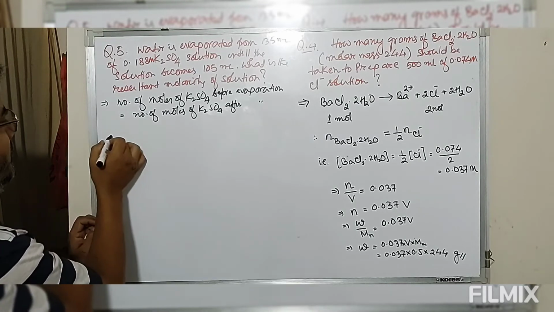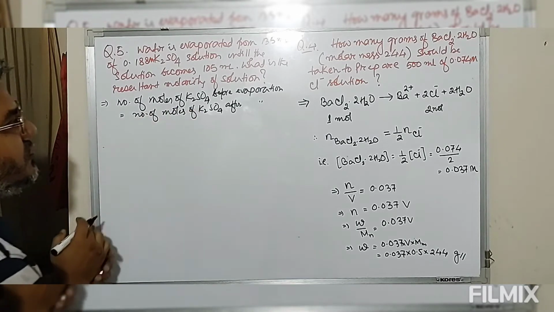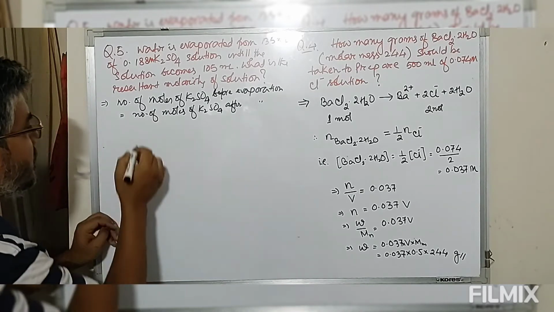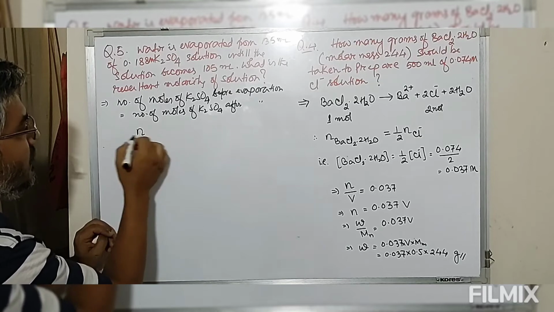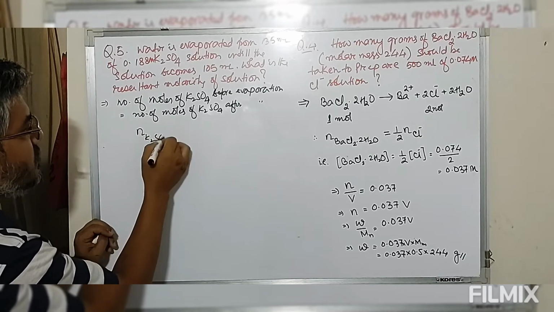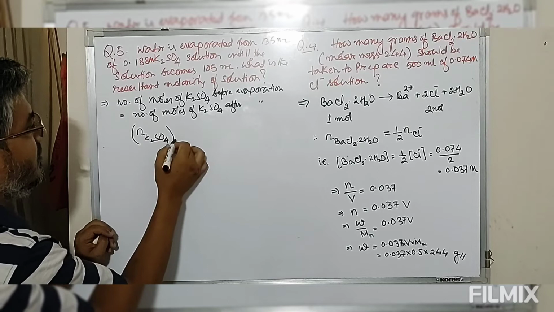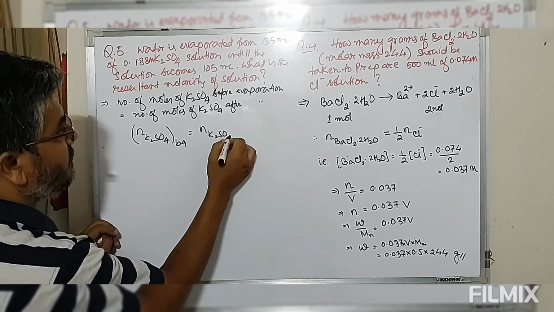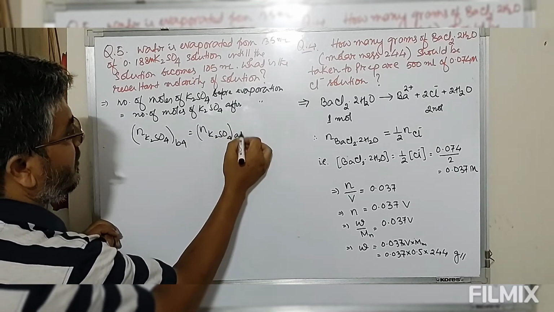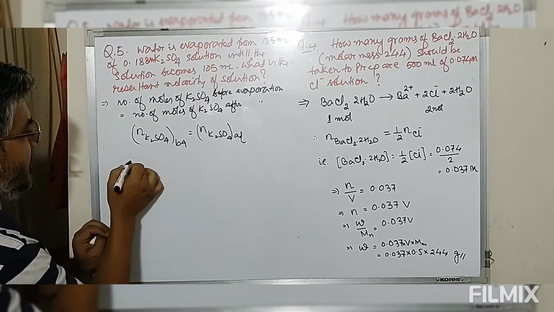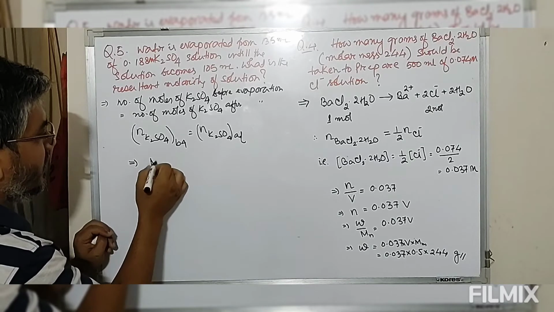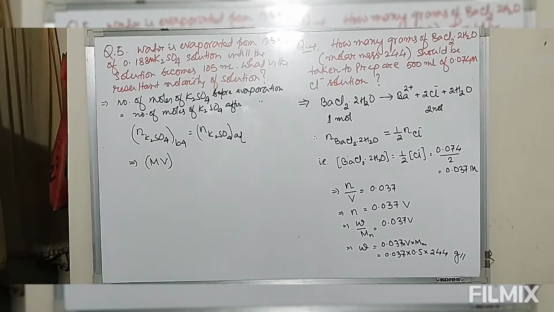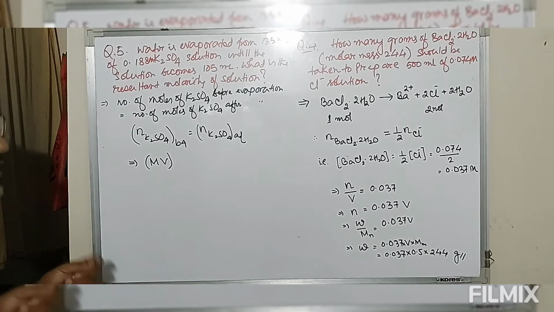So since the number of moles of solute before evaporation is equal to the number of moles of solute after evaporation, we can say number of moles of K2SO4 before is equal to number of moles of K2SO4 after. That means number of moles is molarity into volume, because we define molarity as number of moles divided by volume.